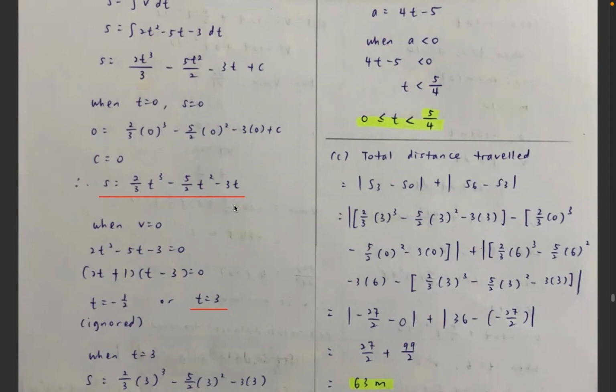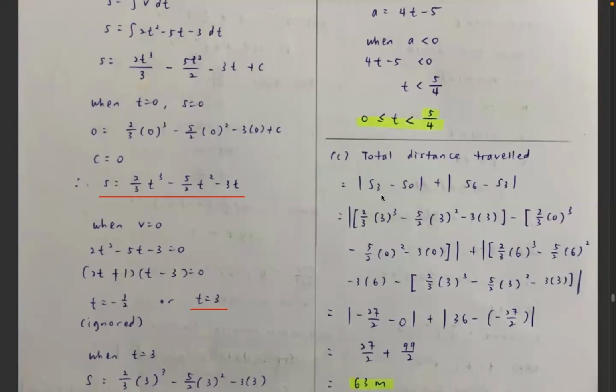Do we have the displacement function? Yes, we found it just now, so we don't need to do integration here. We just need to do |S3 minus S0| plus |S6 minus S3|. We do it separately like this because the particle changes direction when t equals 3.